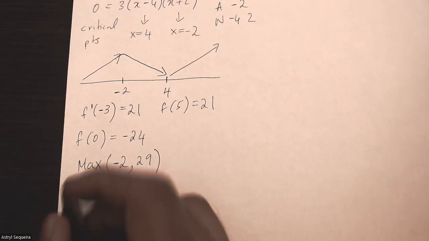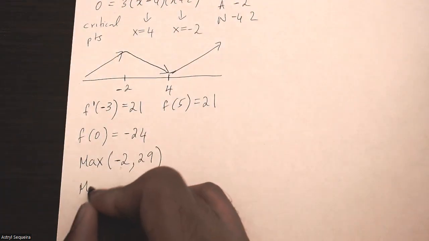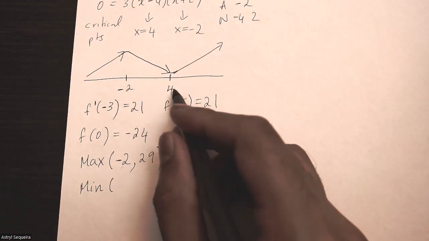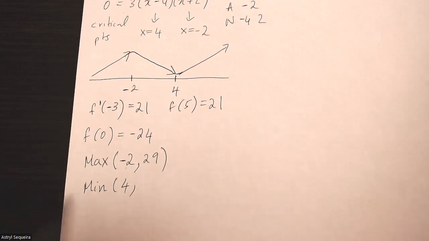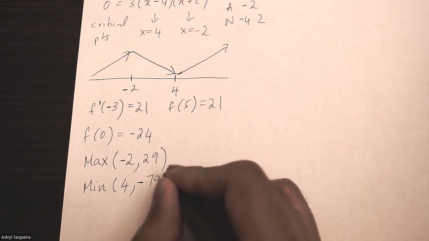That's my local max. These two, if I connect here, are a minimum. The x value is positive 4, and I'll sub this again into the original equation to find my y value. I get negative 79.